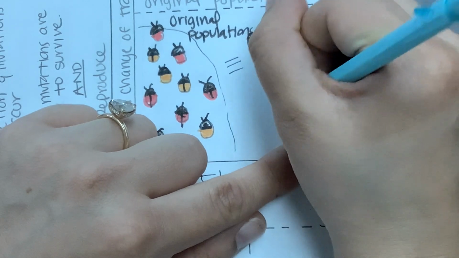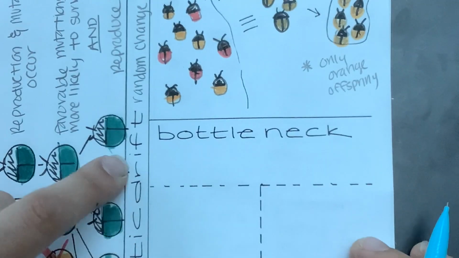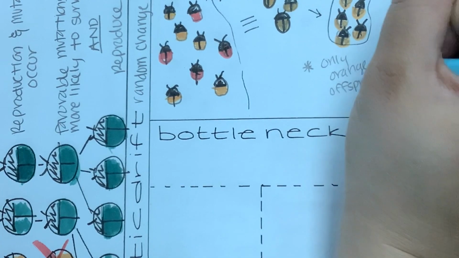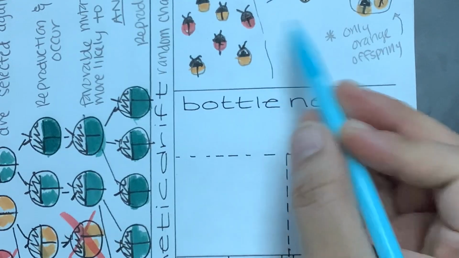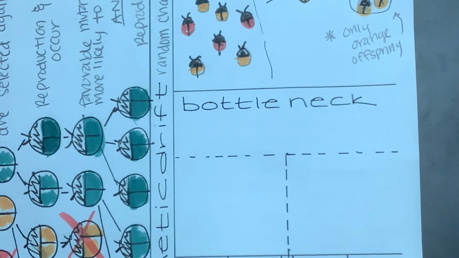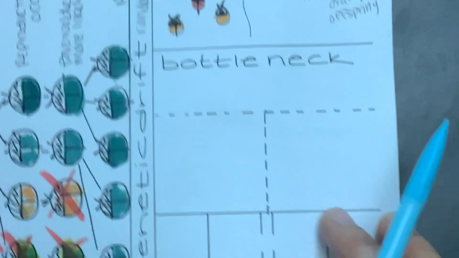Right? So we're seeing a drift or a change in their genes, as opposed to the original population, which is going to have some yellow and some orange, and then you never know, there might be a mutation as well.